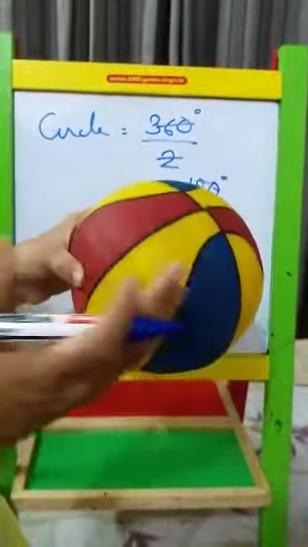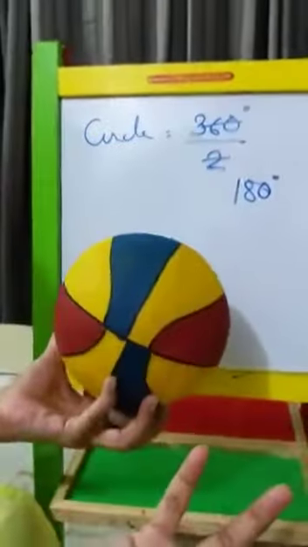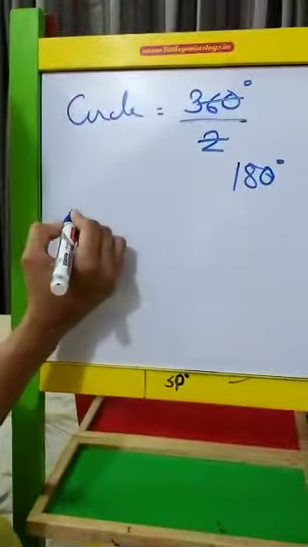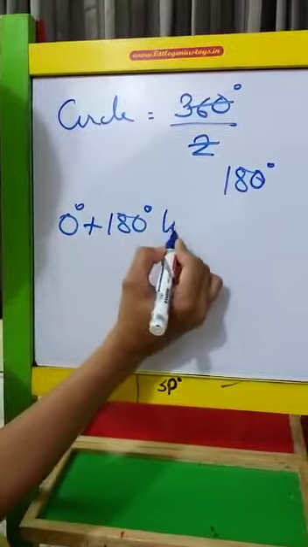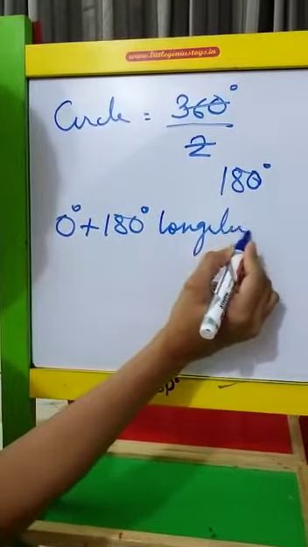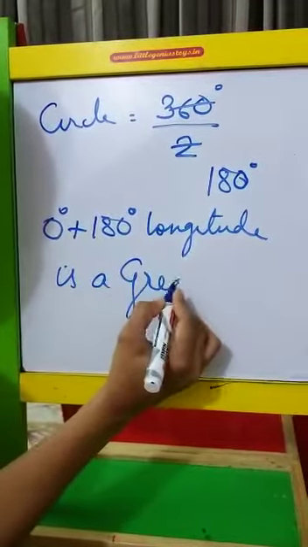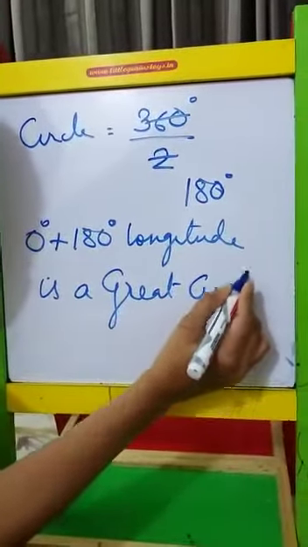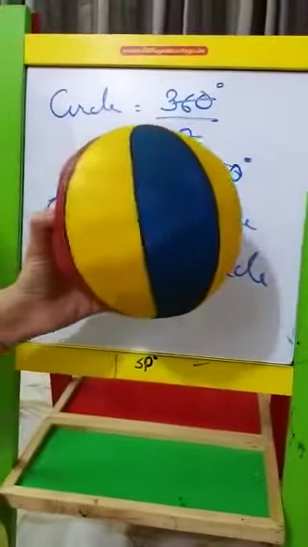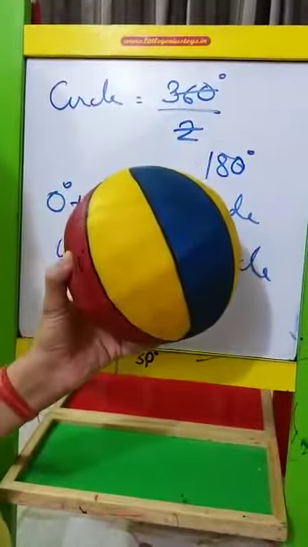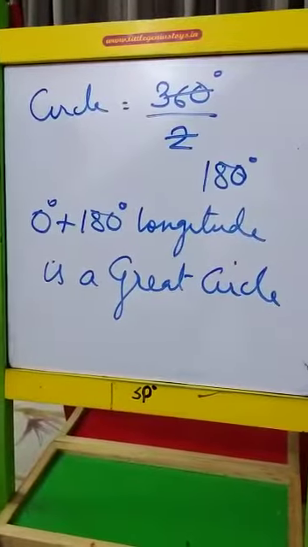And if I cut the ball through this longitude, it will divide the earth into two equal halves. So I can say the 0 degree plus the 180 degree longitude, just like the equator, is a great circle, right?